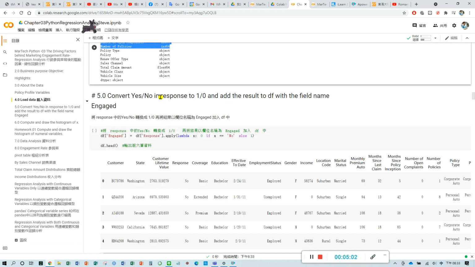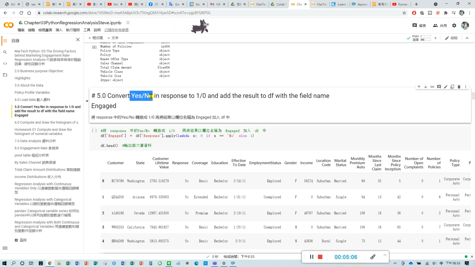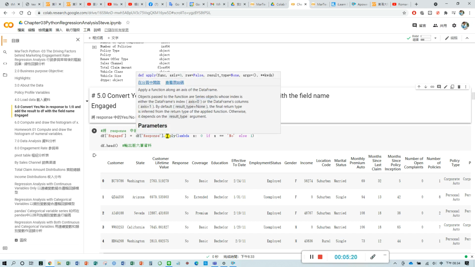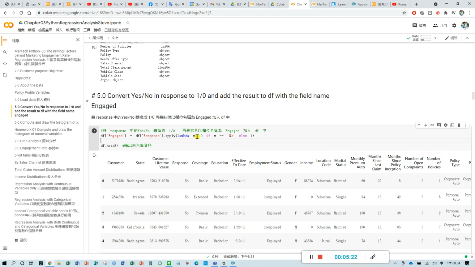Okay, so the first thing is we have to convert the yes or no statement to 1 and 0 for us to sum the numbers for the response. So we use this function, apply, with lambda and this if statement.